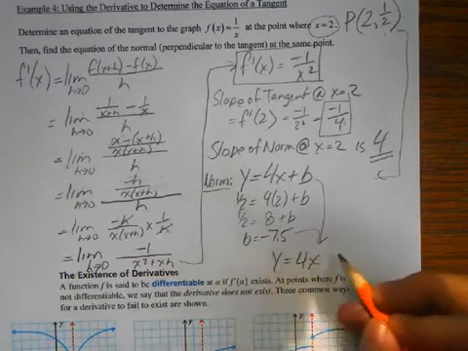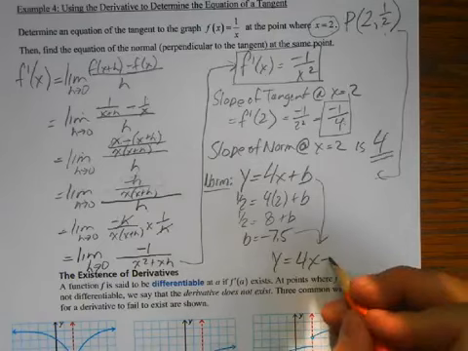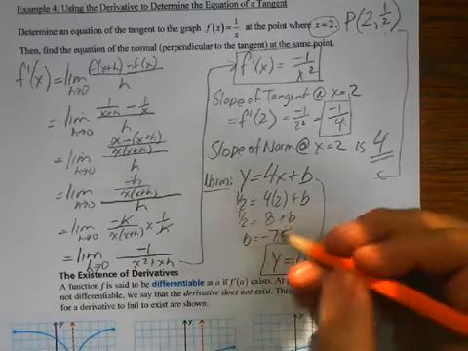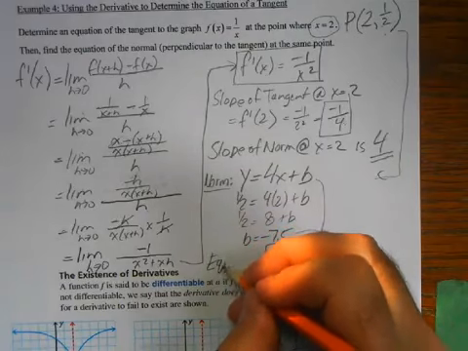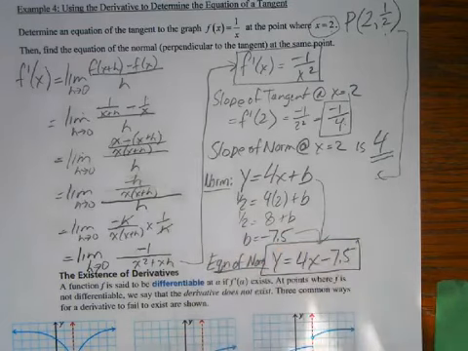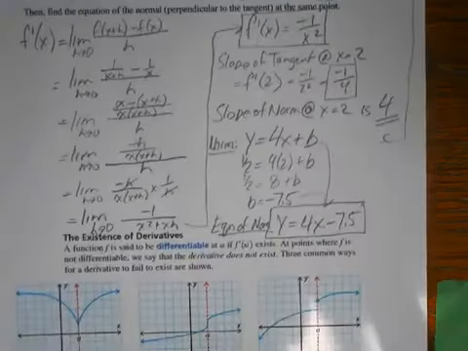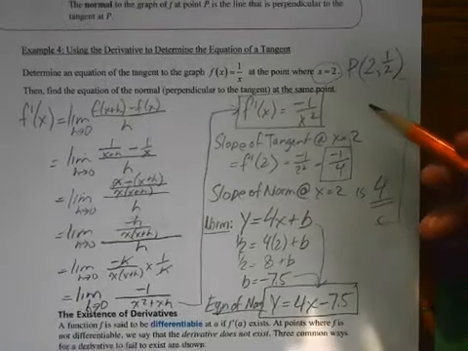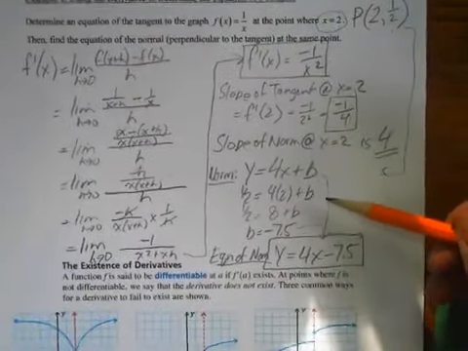So that is the equation of the normal. Okay, so you can see how we can extend our knowledge of what derivatives are and find equations of lines, tangents and normals.